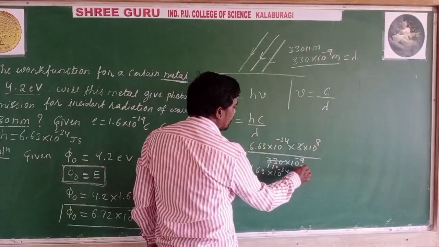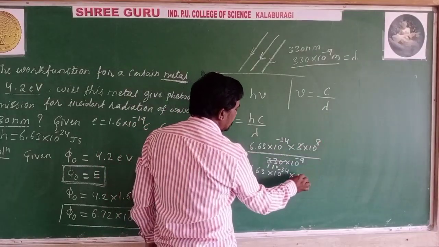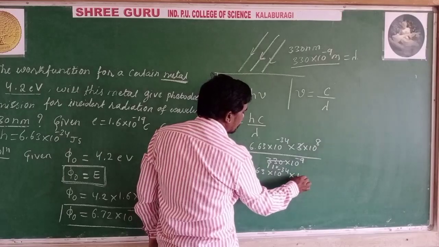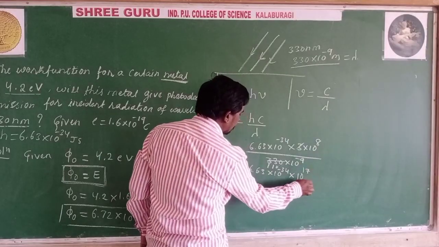This will come to the numerator, means plus 8 plus 9, that is 10 to the power 17.